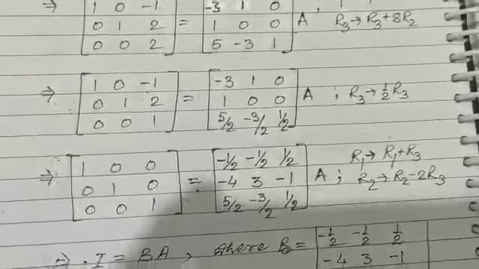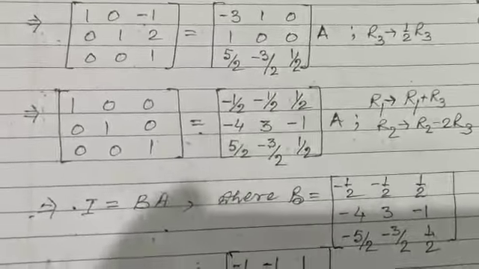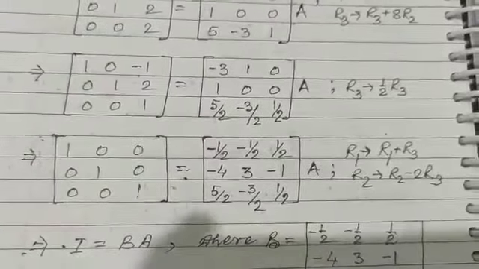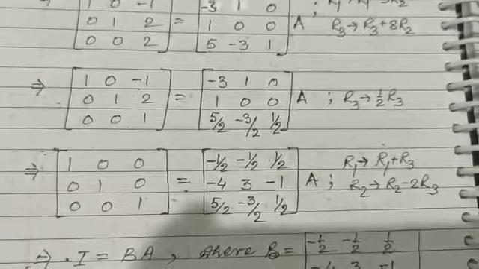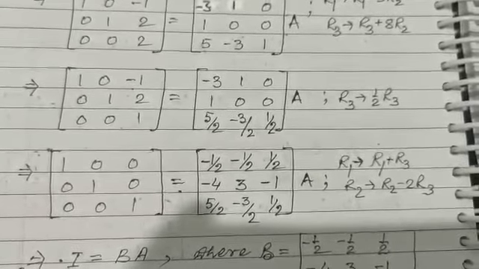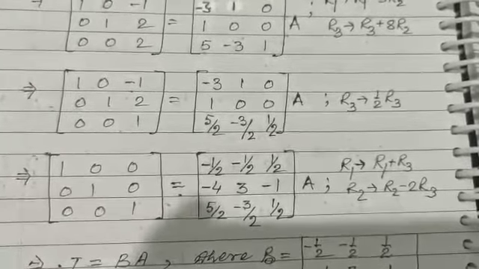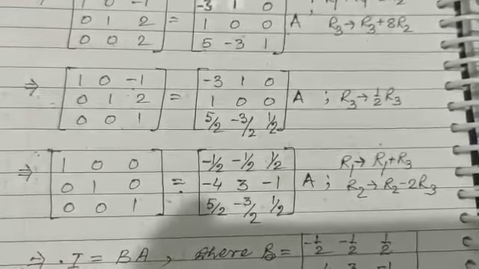Now the final step is, using that element A33 of the third row, we will make the remaining two elements of column 3 zero. If we see, A13 is minus 1 and A23 is 2.